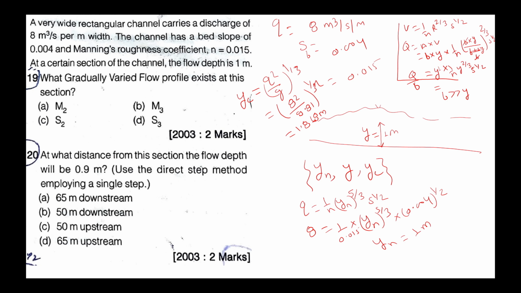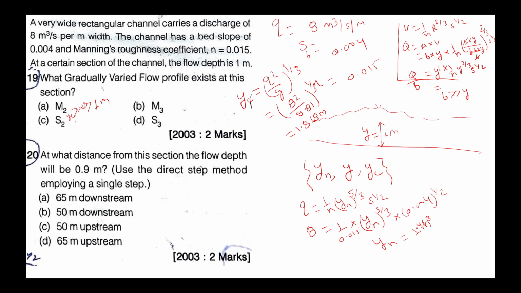So now you compare these three things. Your y value is 1 meter, and yn is coming 1.468 meter, so it is greater. Then your yc is also greater.